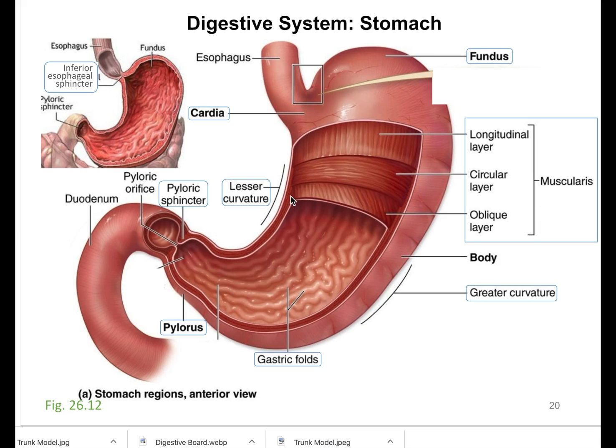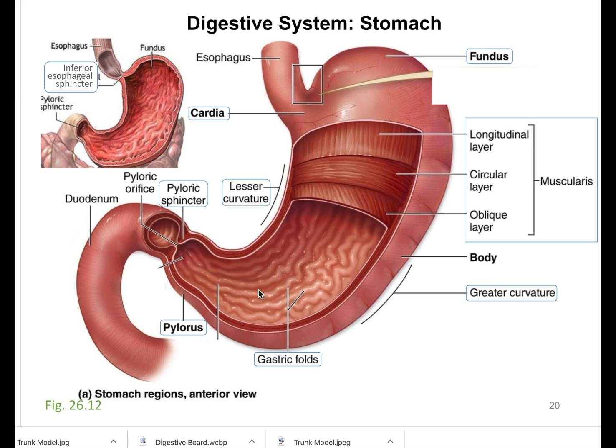The stomach is actually not as nice and kidney bean shaped like this. It's more flat and banana shaped, in my opinion. Where it starts to narrow at the bottom is called the pylorus. And at the end of the pylorus is a little narrowing of the muscle wall, called the pyloric sphincter.